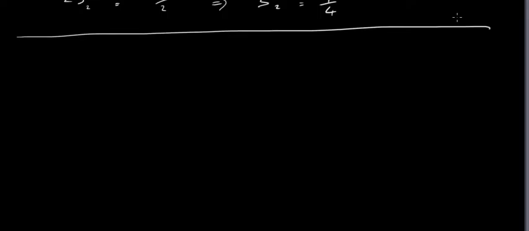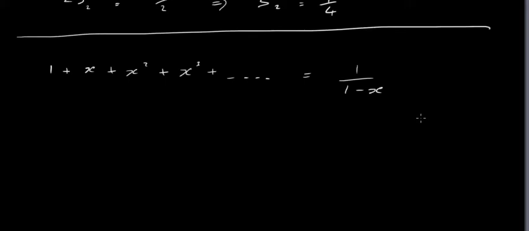Okay, so let's have a look at this particular series here. 1 plus x plus x squared plus x cubed plus and so on. You can see that that's going to be equal to 1 over 1 minus x, possibly.